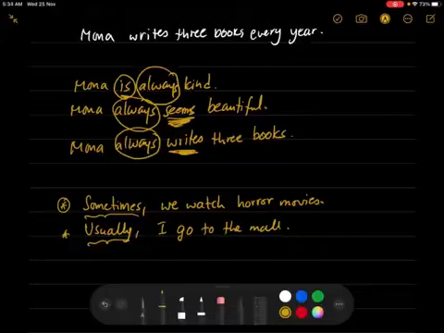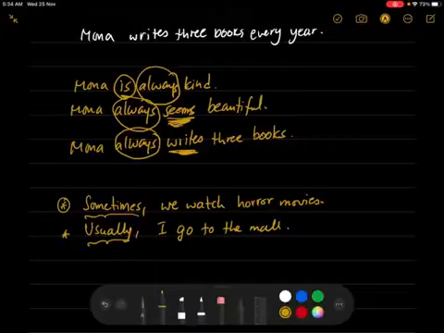We don't say this. Native speakers do not say this. In the present simple, they bring only sometimes and usually at the beginning of the sentence. Then you put a comma, then you put your sentence.